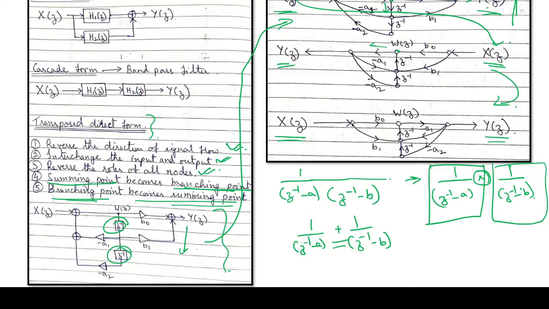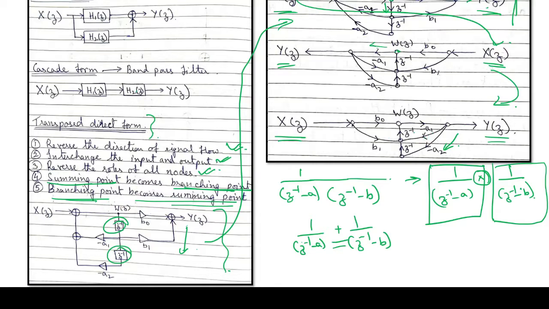So this type of filter is called a feed forward network. All the things are moving towards the forward sum, but there was no feedback. By applying this transposed direct form, by converting the direct form 2 through the transposed direct form, we have been able to create a feedback loop in the system.